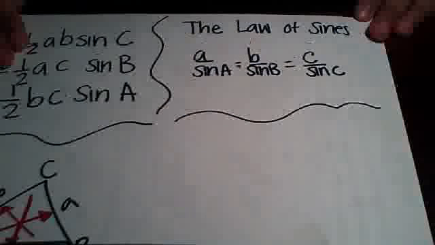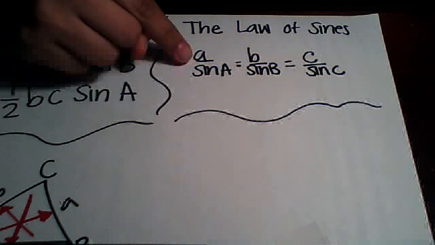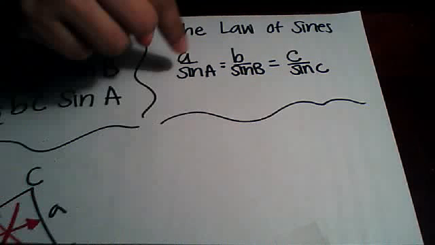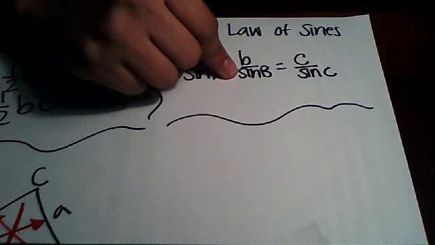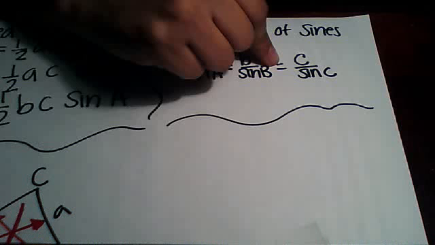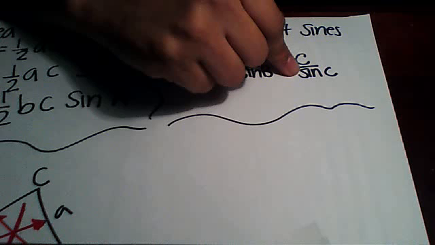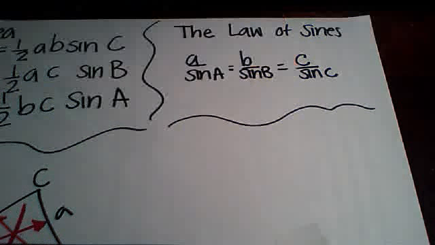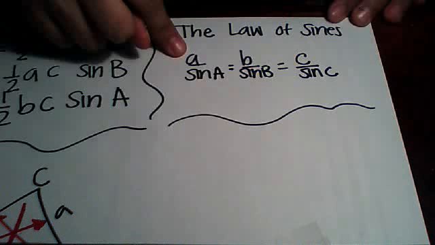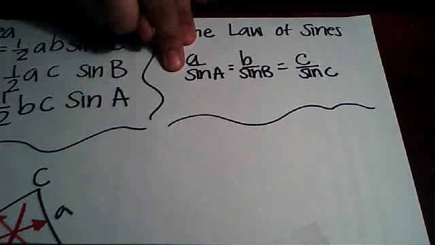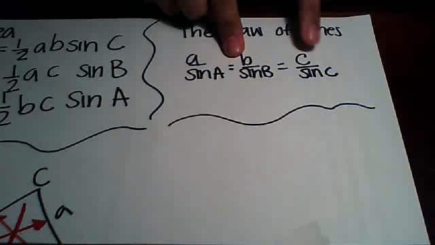Let's look at the law of sines. Right here it says side A over sine of angle A equals side B over sine of angle B equals side C over sine of angle C. So what this is saying is that when you have these two, then you can find these two, because this equals this, which equals this.